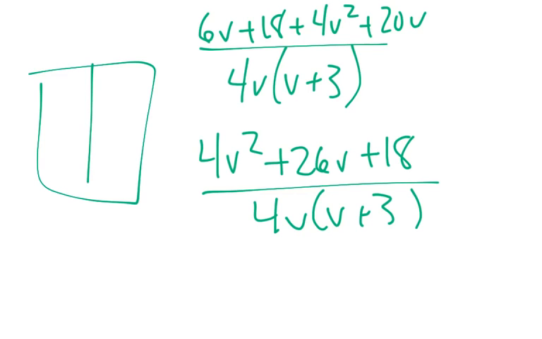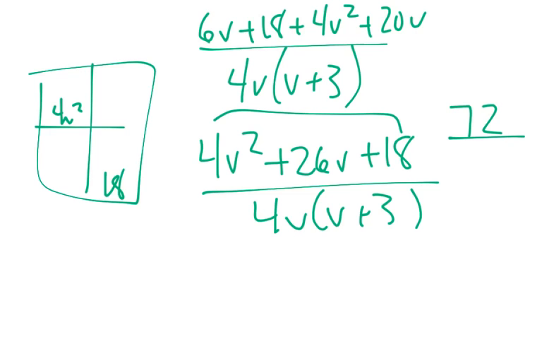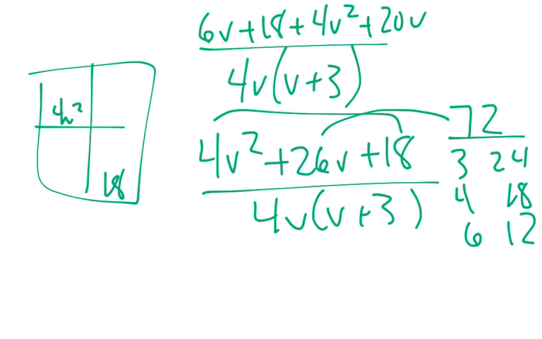So it would be Superbach's method, 18, 4v squared. Then we go 4 times 18, giving us 72. Are there factors of 72 that add up to 26? Let's see, 3 and 24 were close. 4 and 18. 6 and 12.